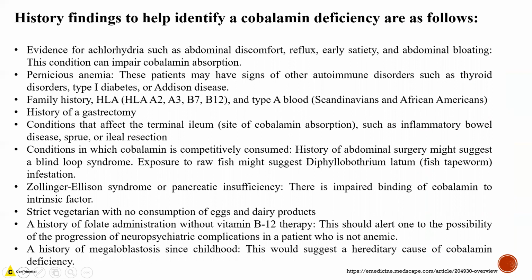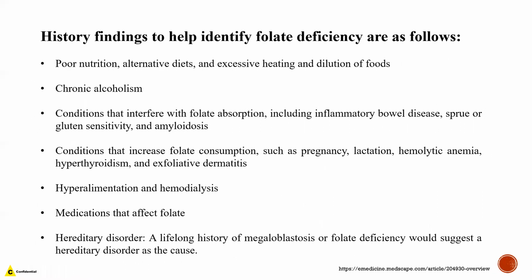Family history of gastrectomy, conditions that affect the terminal ileum, such as inflammatory bowel disease, conditions in which cobalamin is competitively consumed, as in parasitic infection or abdominal surgery, Zollinger-Ellison syndrome or pancreatic insufficiency due to a problem with binding of B12 to intrinsic factor, strict vegetarian diet with no consumption of eggs and dairy products, history of late administration without B12, and history of megaloblastosis since childhood.